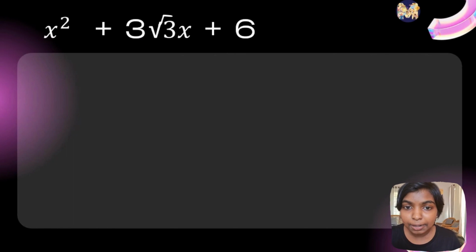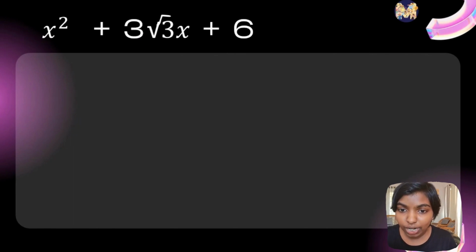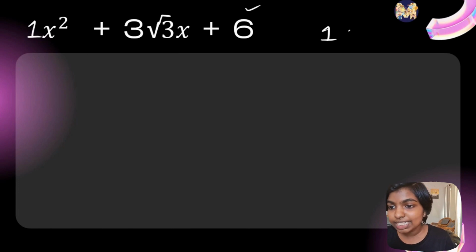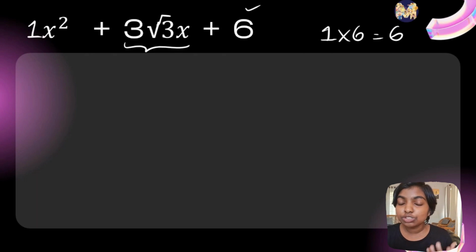Here, the coefficient of x squared is going to be 1, right? And the constant term is 6. So 1 times 6 is going to be 6. So we have to split this 3 root 3x into two numbers such that their product is going to give us 6.